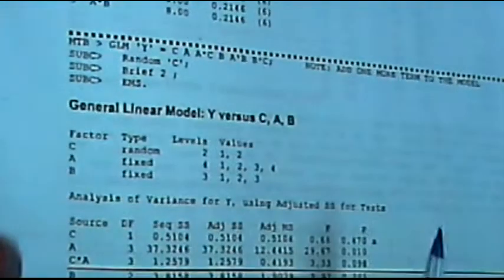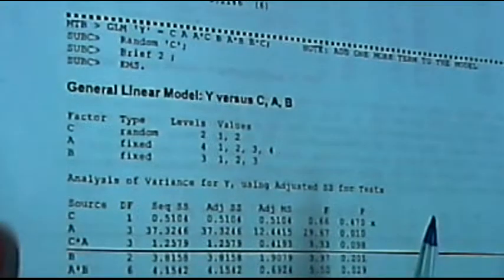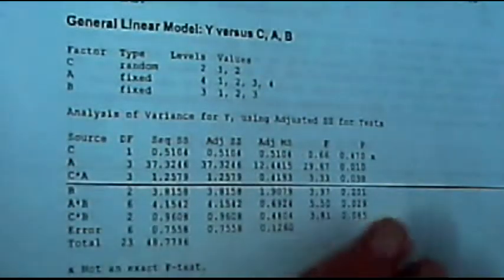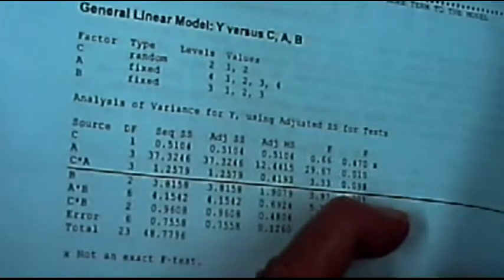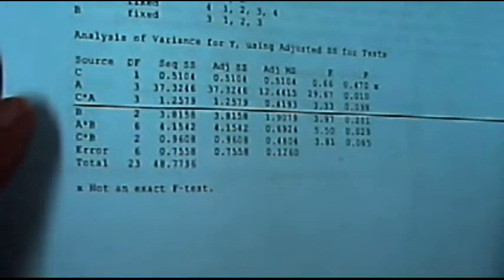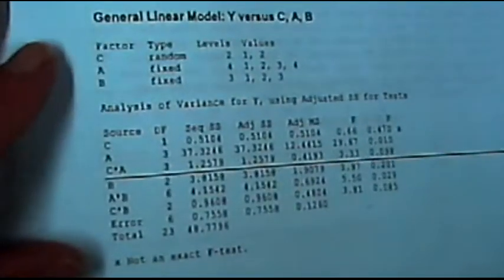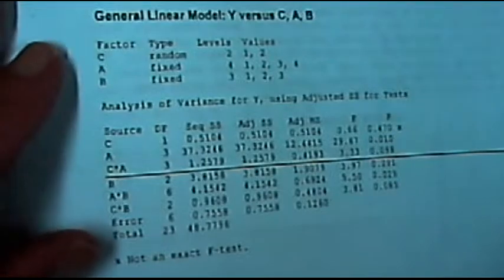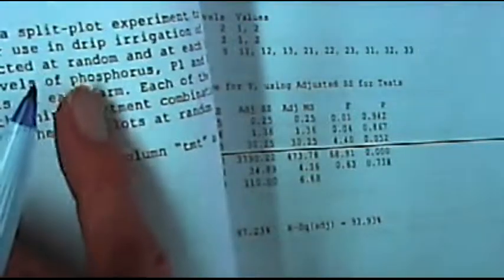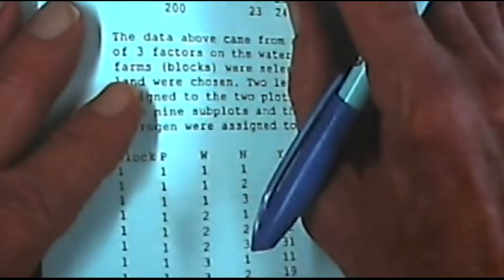So here's the output, here's the ANOVA table, and the next page would be the expected mean squares. Well, this is a little hard to compare because you have to look across 2 pages. But if you look at the expected mean squares, notice that the denominators here are going to be different than what we had looked at before.